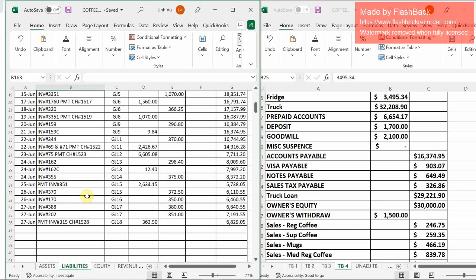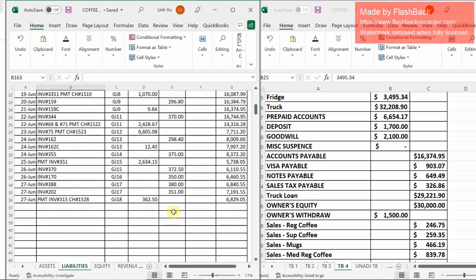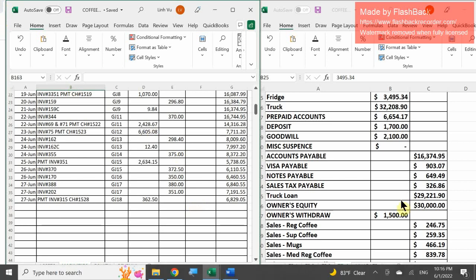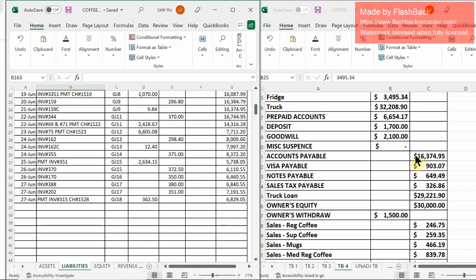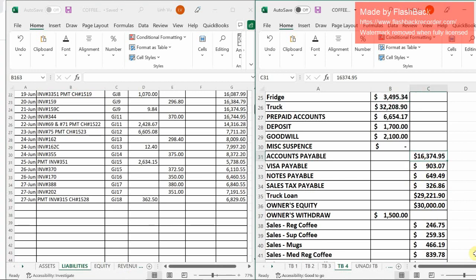Now, I've been adding, and I've been paying. So right now, my current account balance in my accounts payable account, wow, it went from $16,000 now down to $6,829.05. Okay.